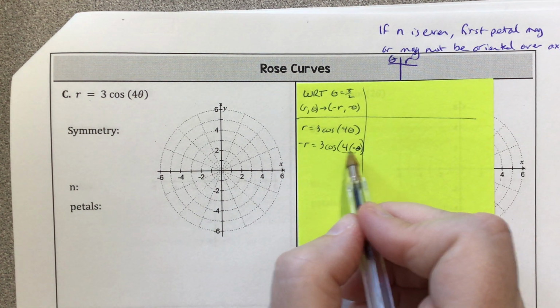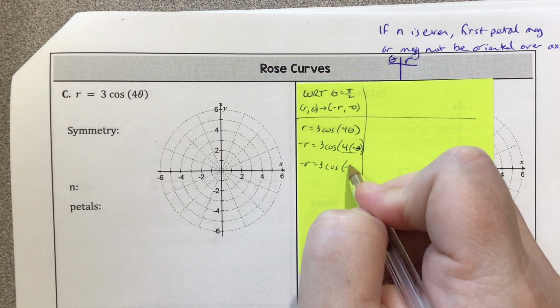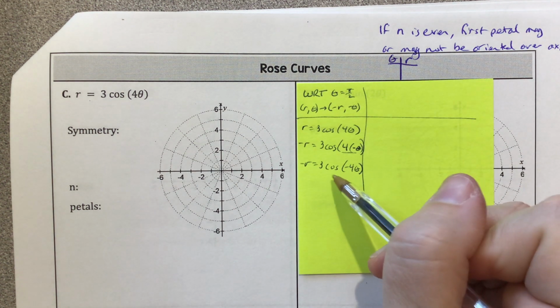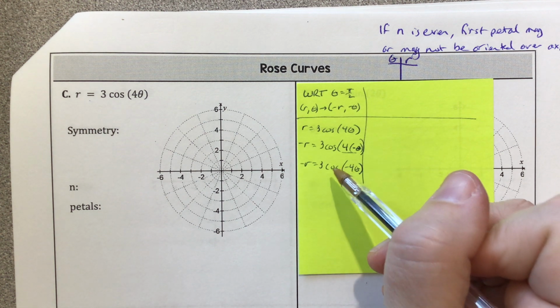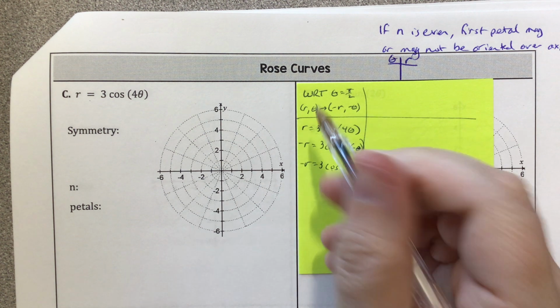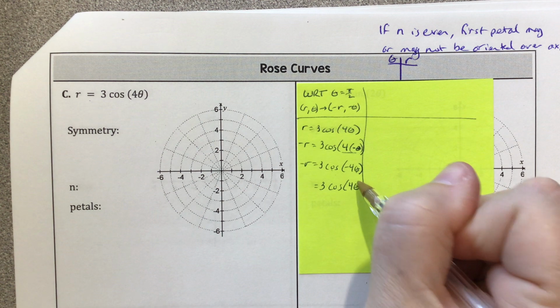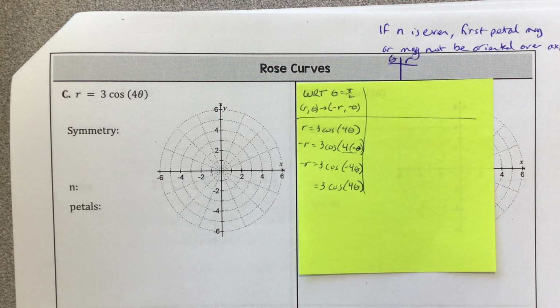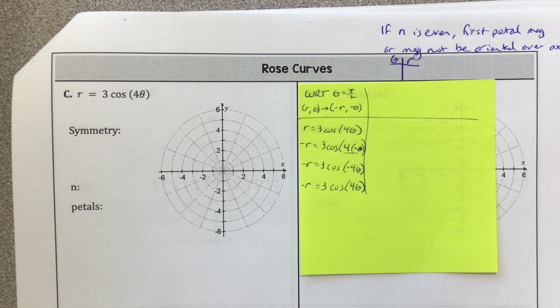Well, here in my argument, 4 times negative theta is the same thing as negative 4 theta. And cosine is an even function. So the cosine of the angle negative 4 theta is equivalent to the cosine of the angle positive 4 theta. So negative r equals 3 cosine 4 theta.